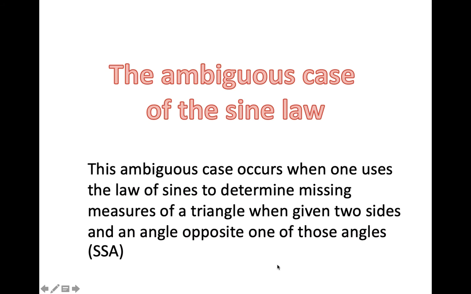So the scenario is called SSA, or side-side angle. And we looked at that a little bit, drew it on the board. So we recognized that what it meant was we were given 2 sides of a triangle and an angle, making sure that the angle we were given was not the angle in between the 2 sides. So it could be on either end of those 2 sides.